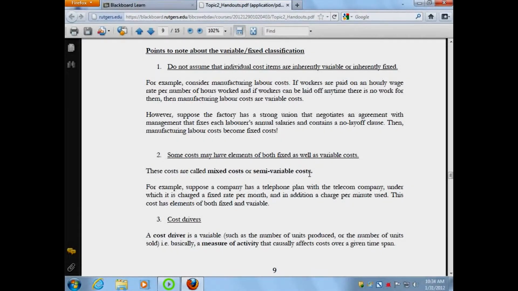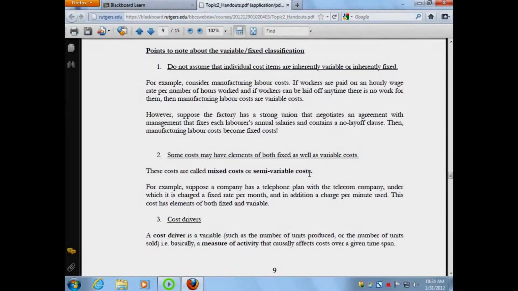So this range within which you are operating and within which the cost retains a specific behavior is your relevant range, or is the range that's relevant to you. Okay, so the term relevant range simply refers to the range of activity that's relevant to you because you expect to be operating within it, or you are already operating within it.